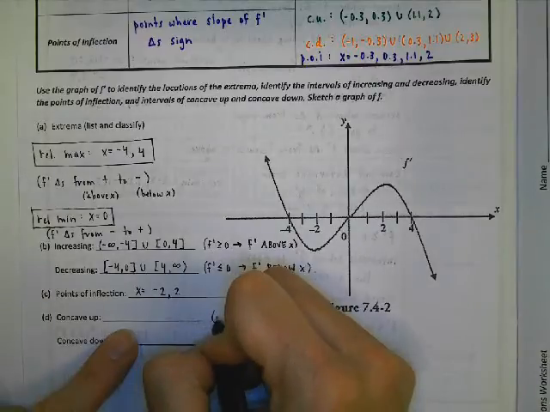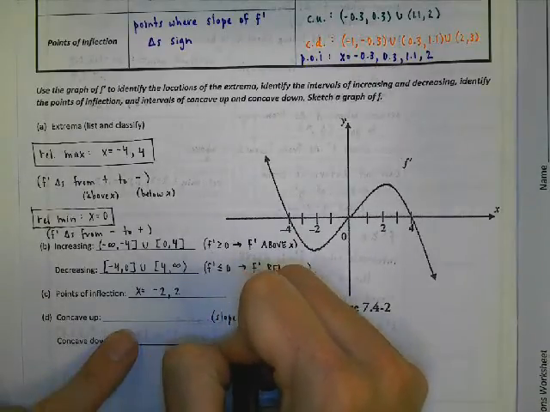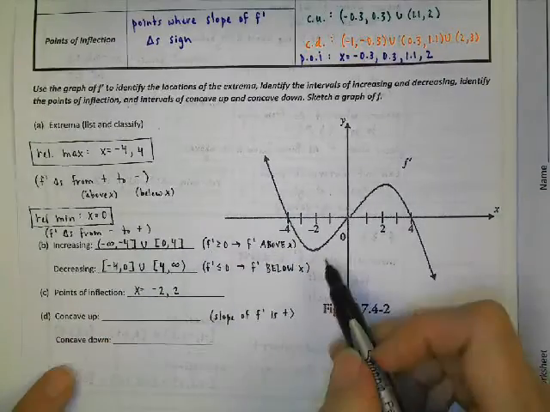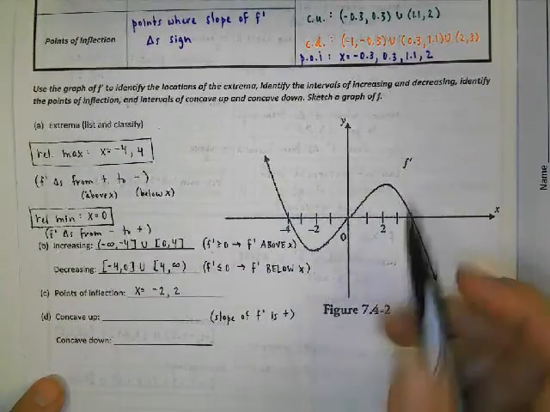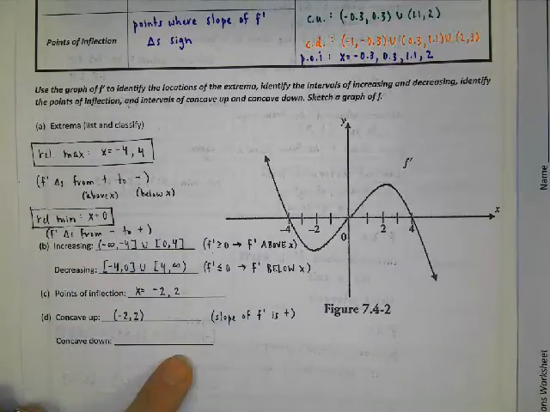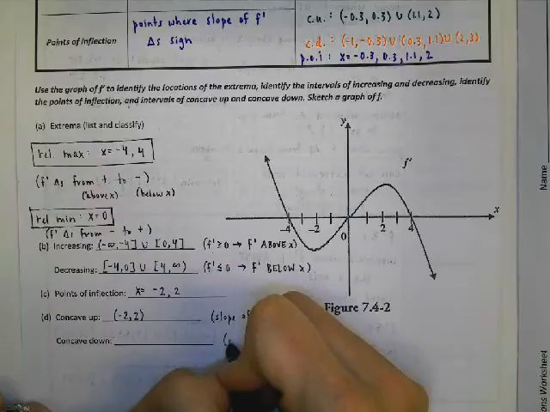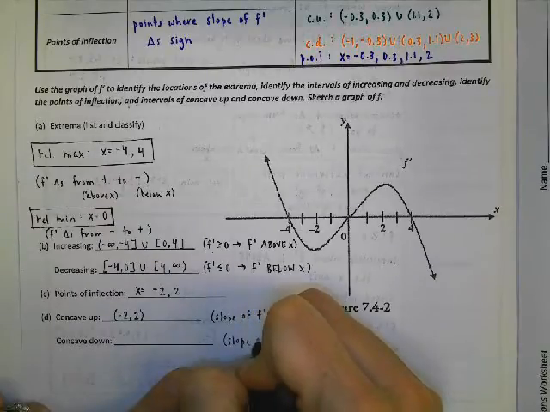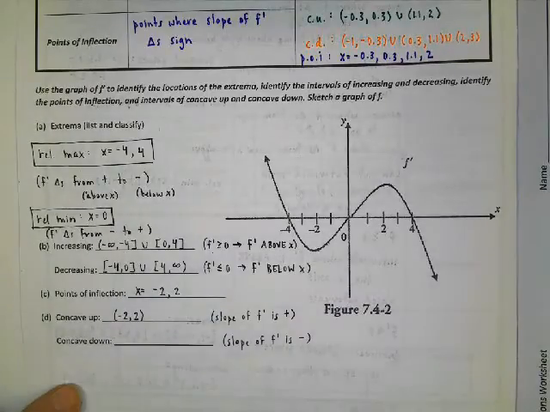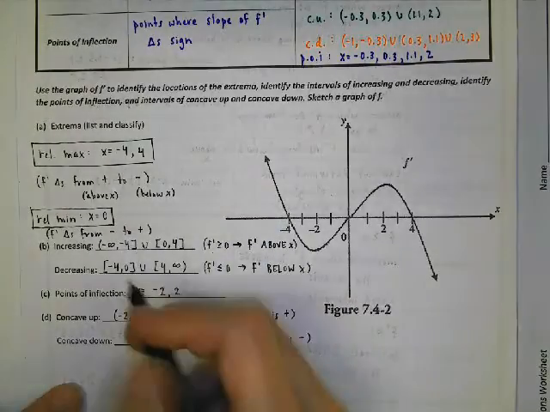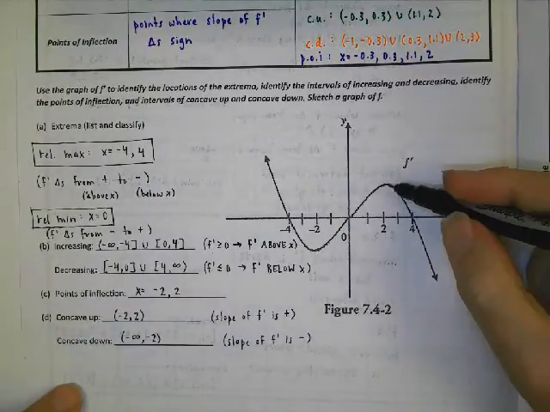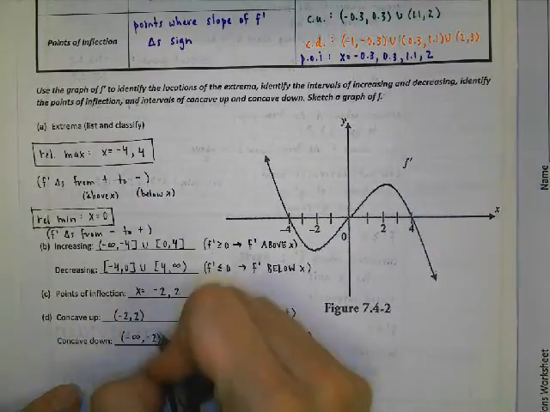For concave up, I'm looking where the slope of f prime is positive, and that's going to happen for us from -2 to 2. And then for concave down, we're looking out for where the slope of f prime is negative. And that's going to happen from -infinity to -2, and then again from 2 to infinity.